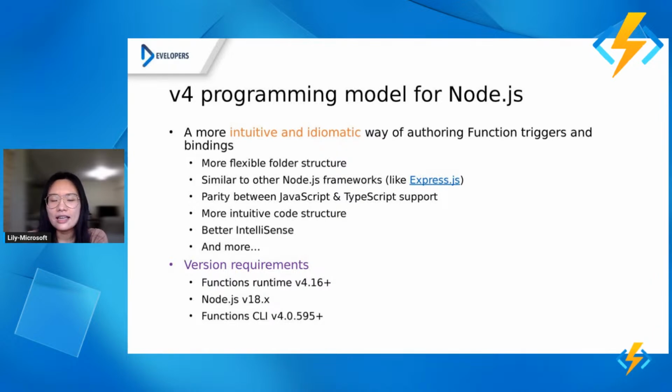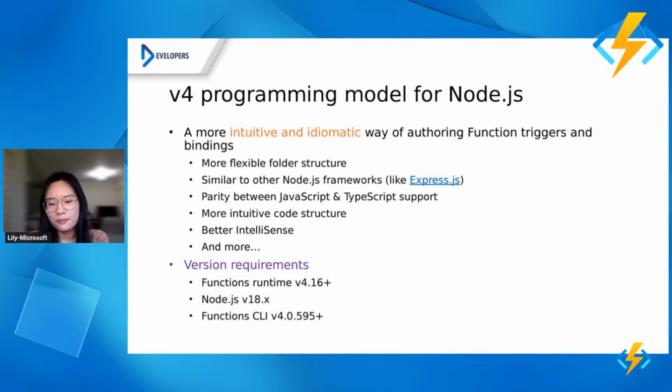The design today is a culmination of feedback from the community, from surveys, user studies, and internal Node.js experts working with customers. There are various improvements made in the new model, and I'll be highlighting a few of them in this presentation. The model is in preview now.